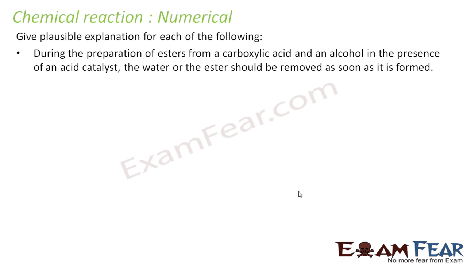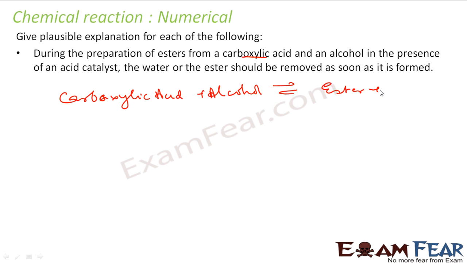The question says during the preparation of ester from carboxylic acid and alcohol, in the presence of acid, the water or the ester should be removed as soon as it is formed. So if you see the reaction, I have carboxylic acid, then I have alcohol, and it reacts, it forms ester and water.